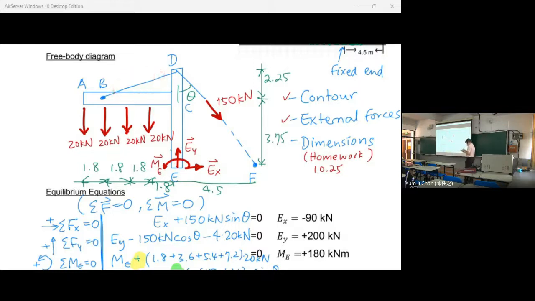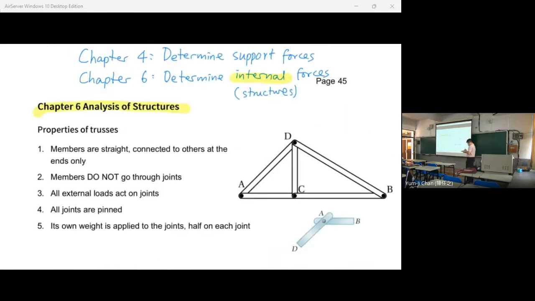But now in chapter 6, we want to determine the internal forces in structures, okay? We want to determine the forces in structures. For determining the forces in structures, we begin from a simple structure.